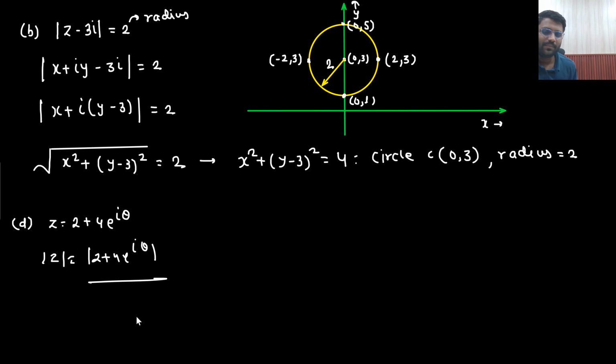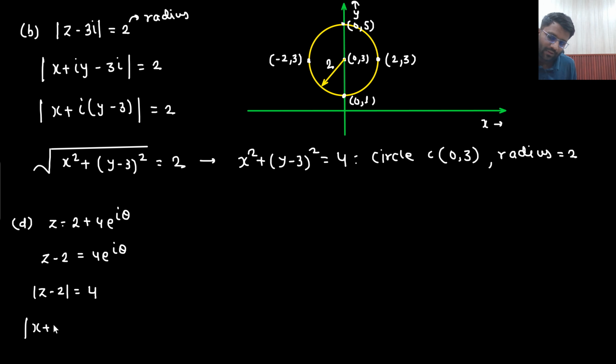No. What you need to do? You can do one thing: z minus 2 equals 4 e to the power iota theta. Now you take the magnitude. Magnitude of z minus 2 would be equivalent to magnitude of this. What would that be? That would be equal to 4. Now in place of z, what can you put? x plus iota y minus 2 would be equal to 4.